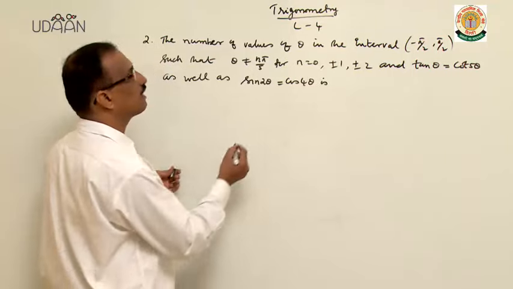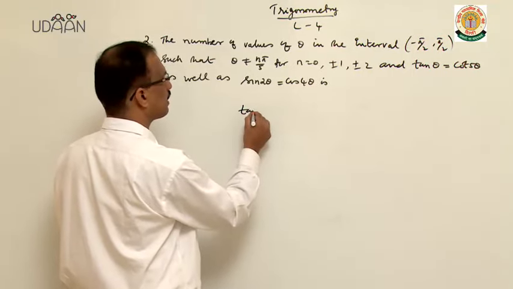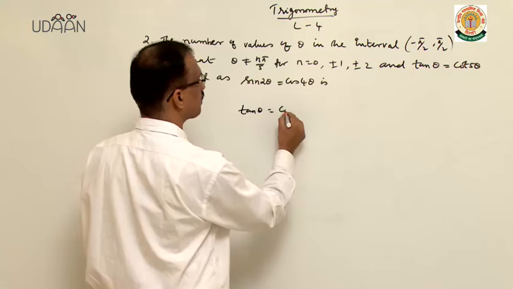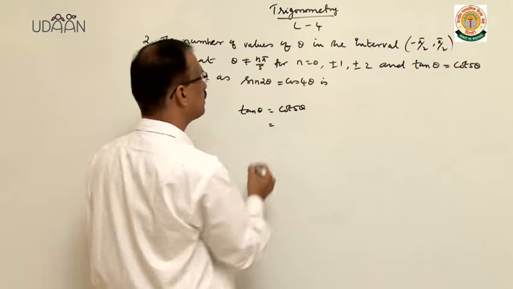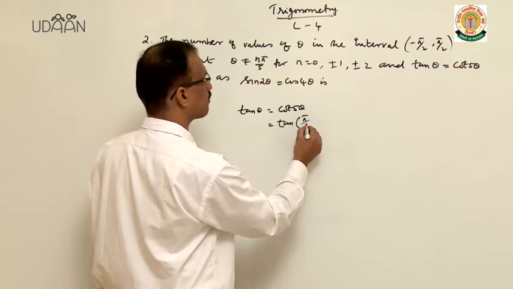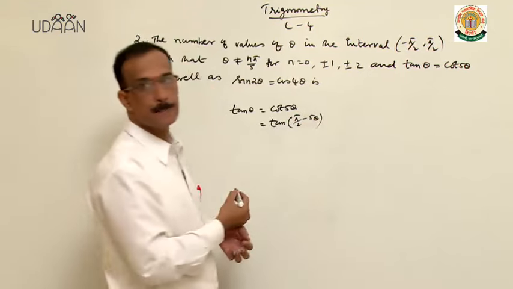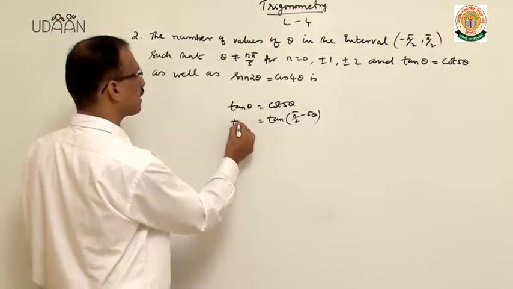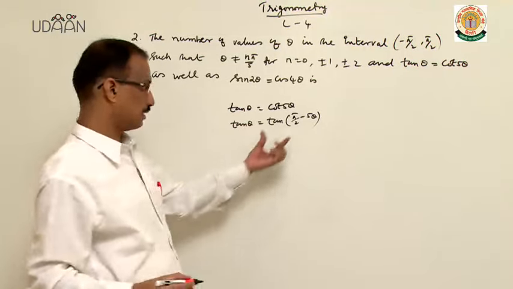So now we are given tan θ = cot 5θ. This cot 5θ can be written as tan(π/2 − 5θ). So now it looks like tan θ equals this.